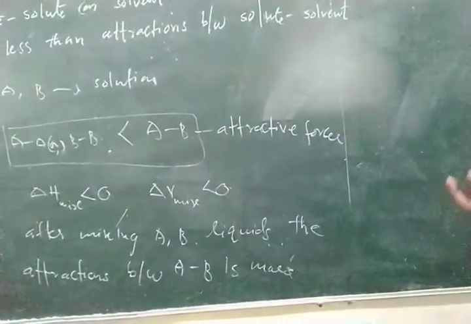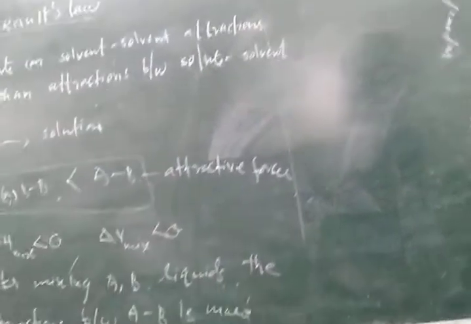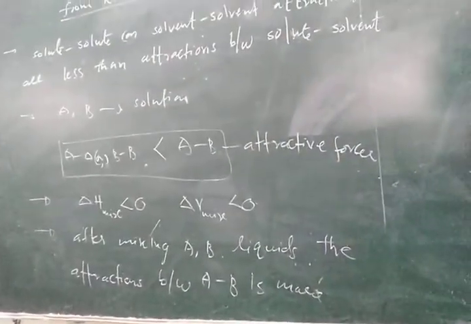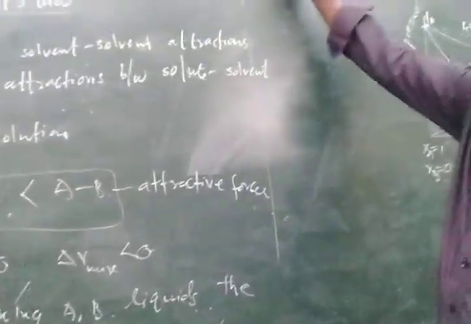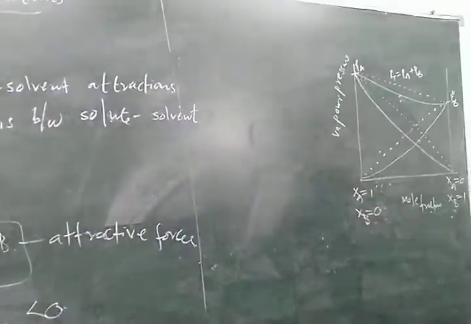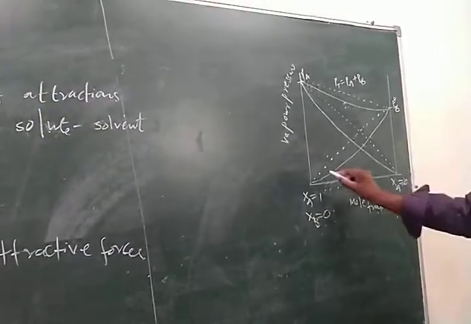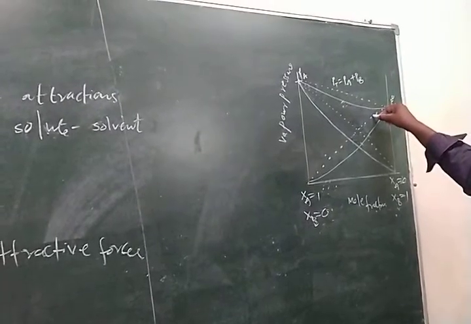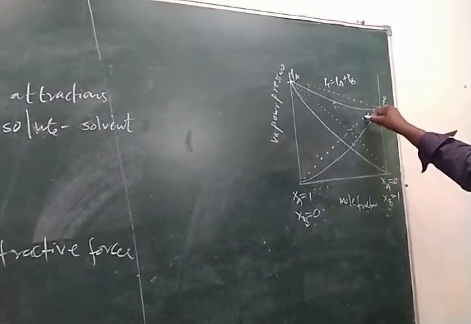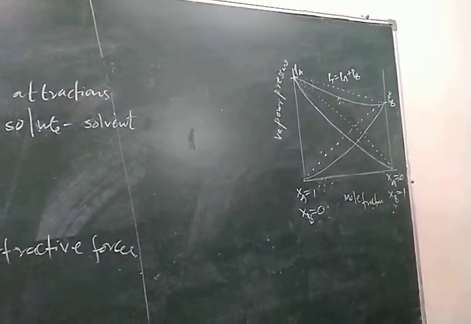So the vapor pressures of the liquids decrease. As the attractions increase, the vapor pressure of the liquids decreases. So compared to Raoult's law, they show negative deviation. These dotted lines show the behavior of Raoult's law. Then this thick line shows the solutions with the negative deviation.